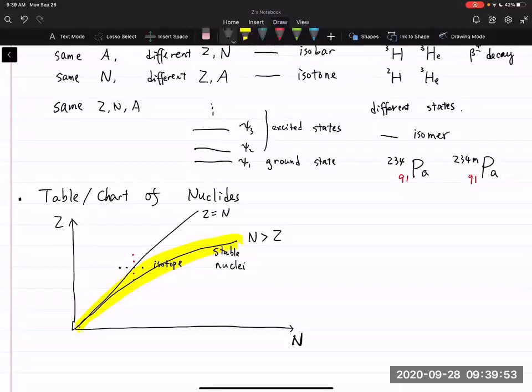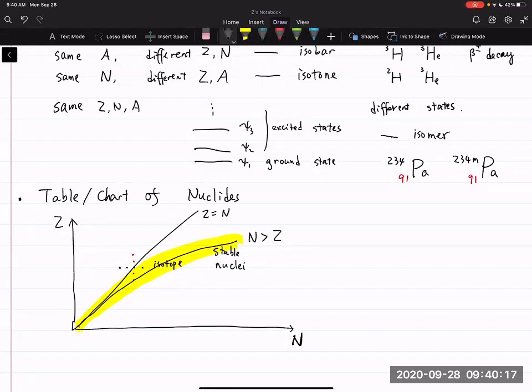Okay, and if you click every pixel on this chart of nuclei, then you can find the terminology we just mentioned, X with A. You can find the chemical symbol, and then the associated numbers like A, N, and Z.